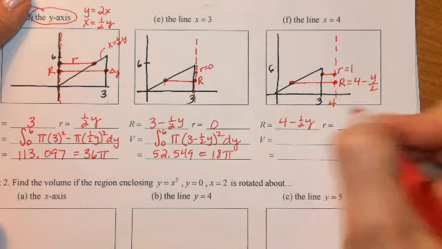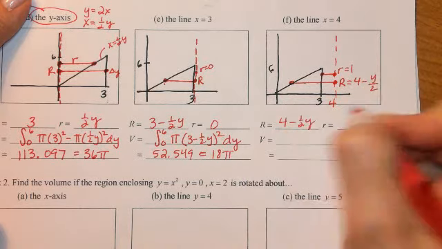Now we're going to revolve this around y equals 5. Well, y equals 5 will be up here above the region, right? From your axis of revolution to the far side of your region is your big R. From the axis of revolution to the close side of your region is your little r. Big R is always 5.